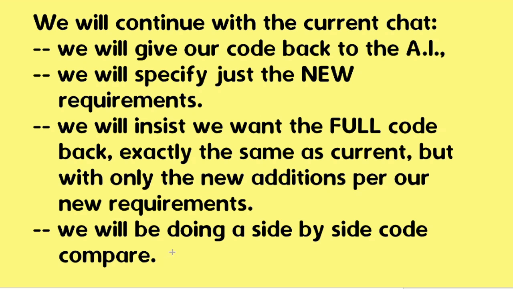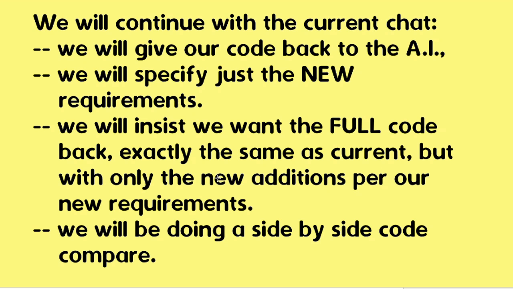Now again, some of this is a learning experience, right? And sometimes this may not be practical, but this line right here is key. If we don't give our code back, and we just specify the new requirements, we're going to basically force the AI tool to go back in its history and remember what it gave us currently, which you would think it would, all right?